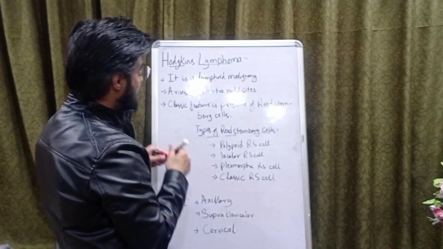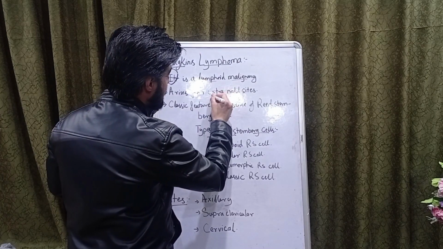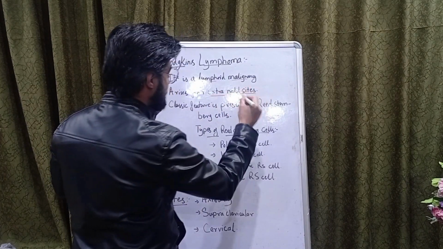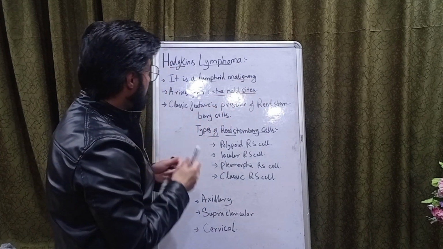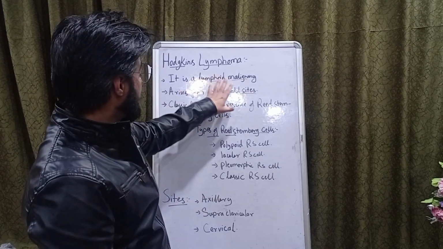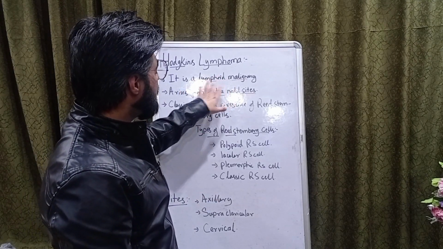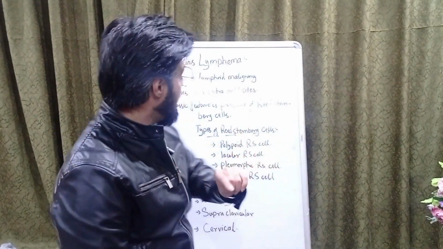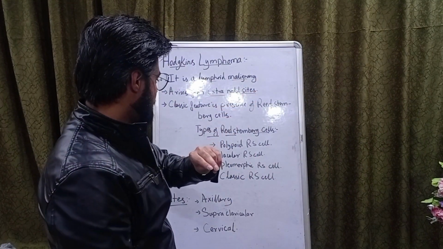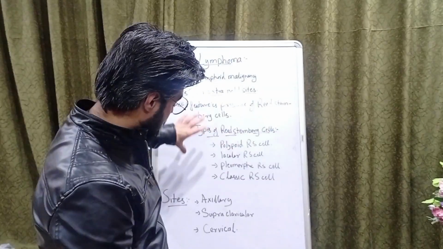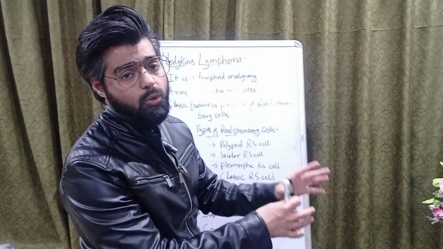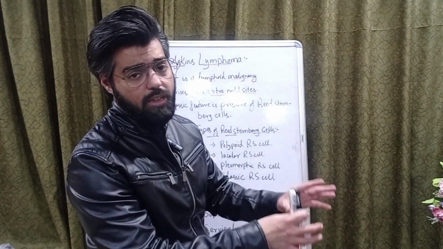Where does it arise from? It arises from the extranodal sites. So, what is it basically? It is nothing but a lymphoid malignancy. Further, you will come to know what the extranodal sites are and which site it occurs from.